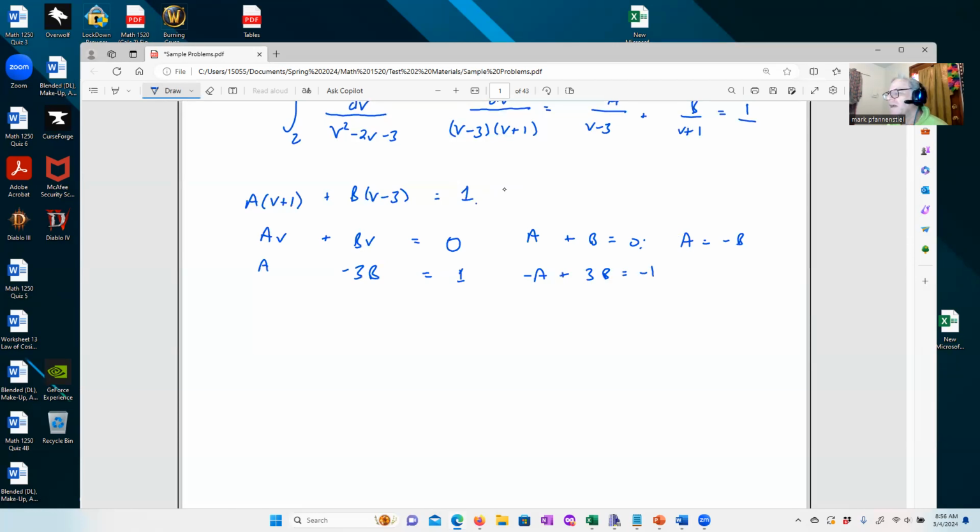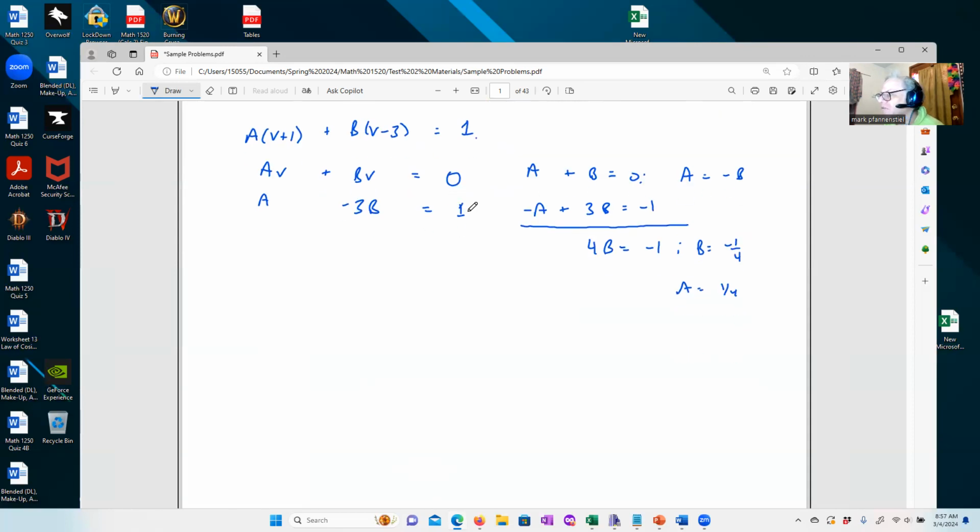All I did was multiply through by -1 to see what's going on here. Go ahead and use elimination methods. We're just going to add the two equations together. We have 3B plus 1B is equal to 4B equals -1. B will be -1/4. A will then be +1/4.